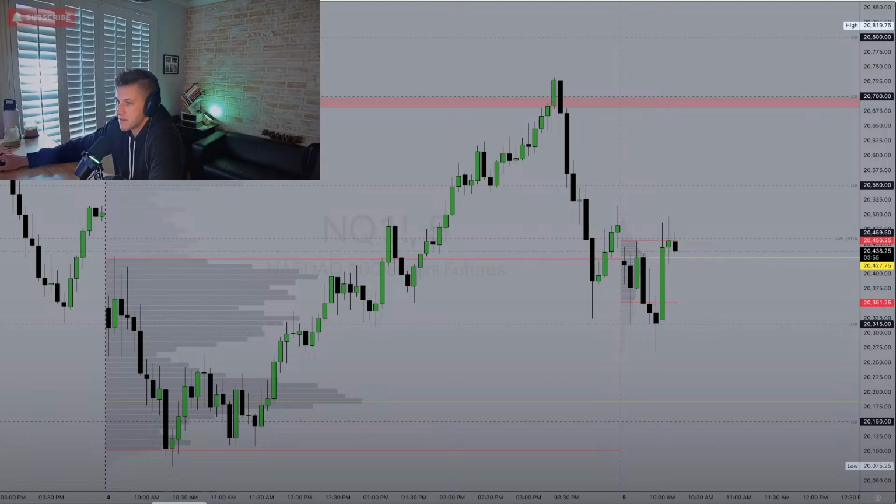So sellers looking for continued acceptance beneath 460. It's really what they want to see after that little upthrust. Still a fight for price here near 460.